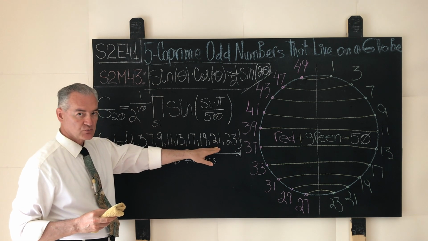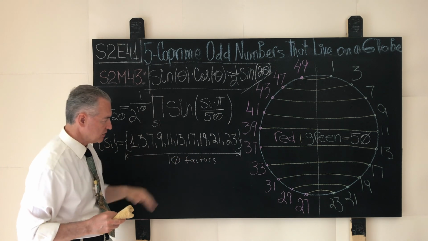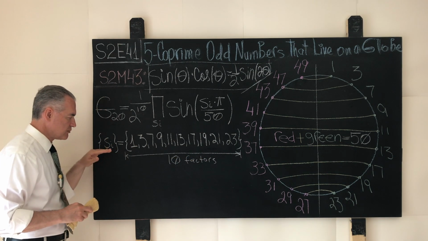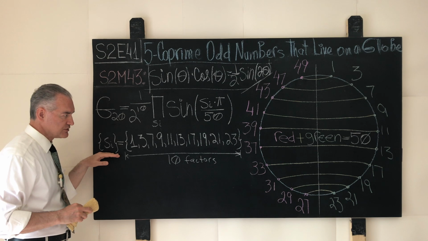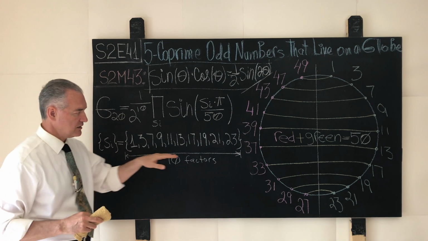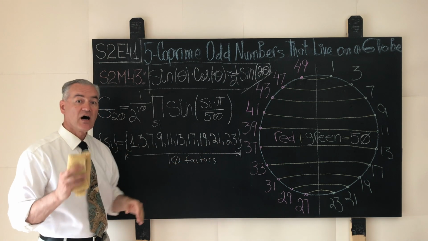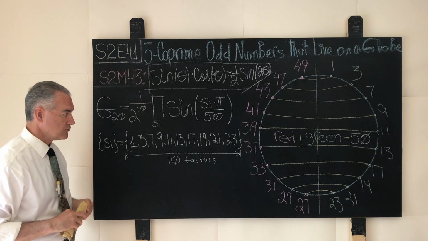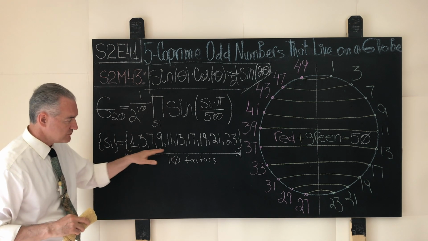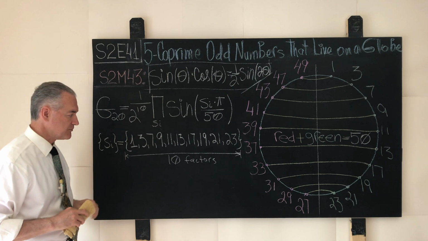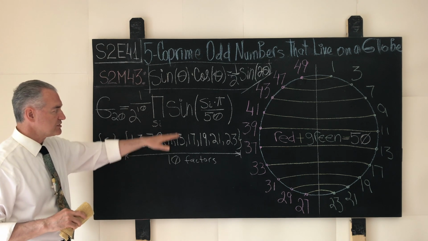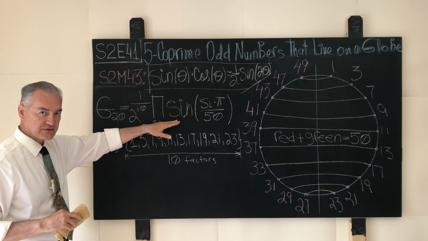We cannot have those. We have to throw these even numbers out. Consequently, we just simply say that the numbers Si are the numbers between 1 and 25 that are odd and are coprime with 5. They do not have 5 in their prime factorization. 10 numbers, 10 factors in our product.